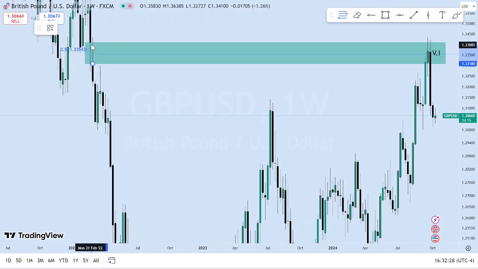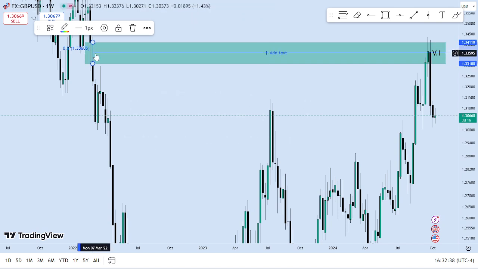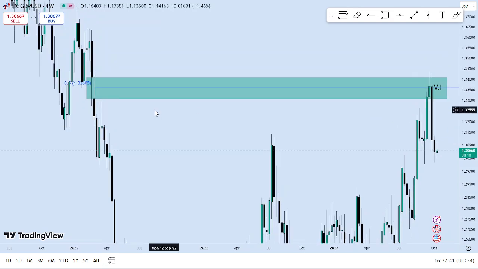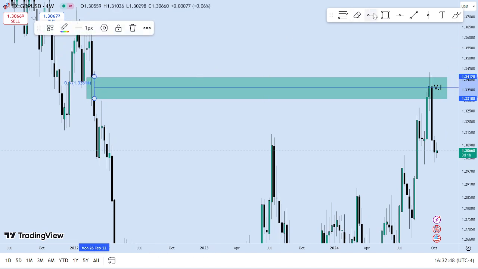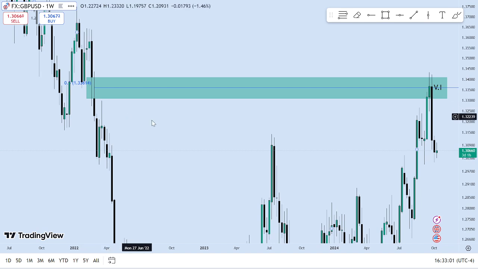That's how you measure it: from where the body closes to where the body opens, to get the 50%. That's how you mark it. So that's how you get your 50%.